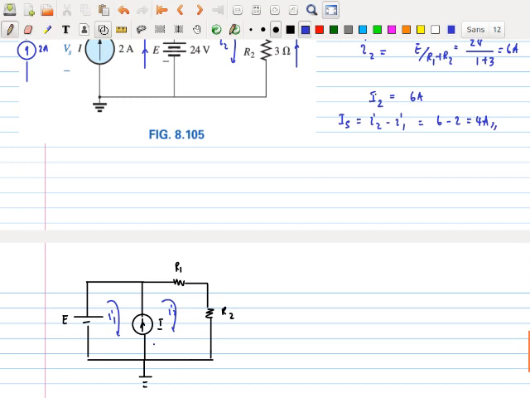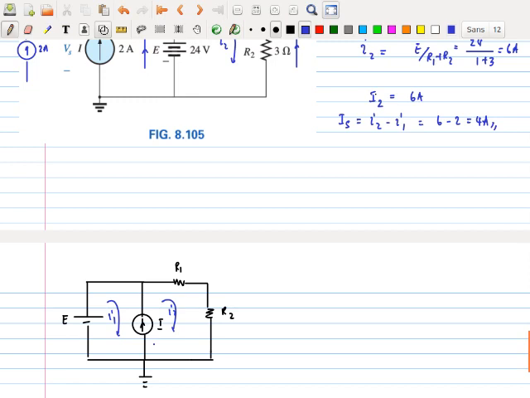Two loops have a common branch with a current source in it. In the previous one, the current source was not in a common branch. If your current source ends up in a branch which is not common, your problem becomes uncommonly easy. One equation was dropped. You saw that.